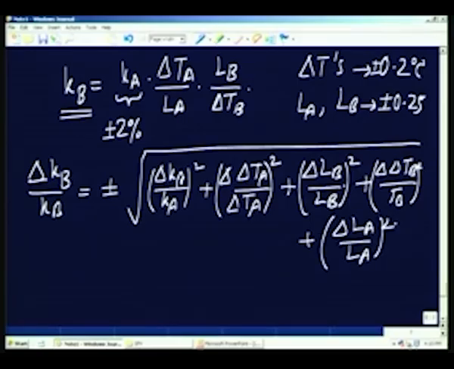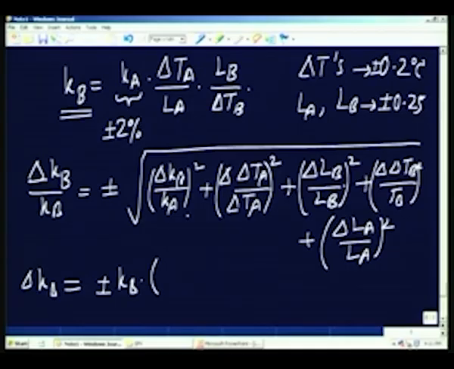Due to the error in all the quantities, I will not substitute all the values now. I will just say that delta Kb equals plus or minus Kb into this whole thing.